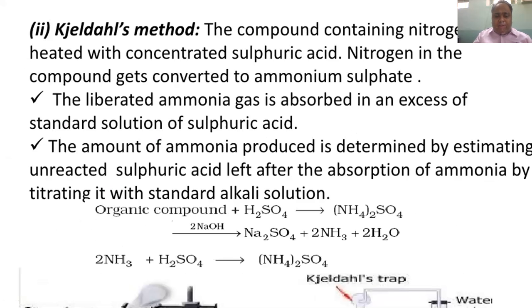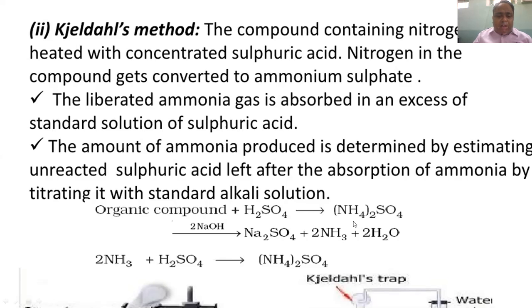In Kjeldahl's method, we take the organic compound and treat it with H2SO4. If the organic compound contains nitrogen, then it forms ammonium sulfate, and this ammonium sulfate, when treated with sodium hydroxide, gives out ammonia gas.